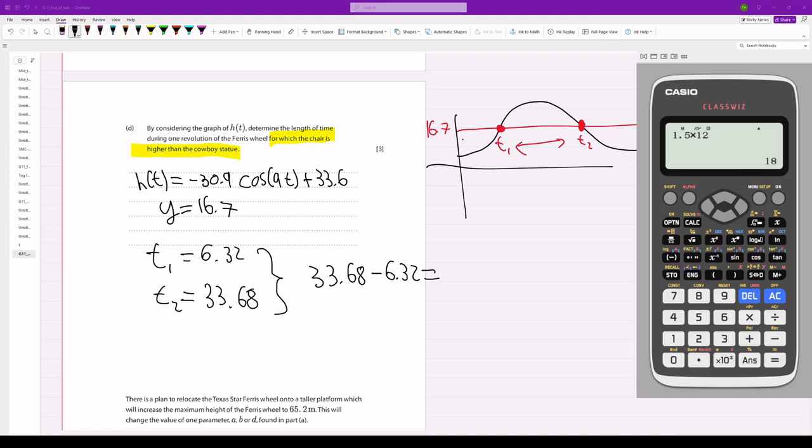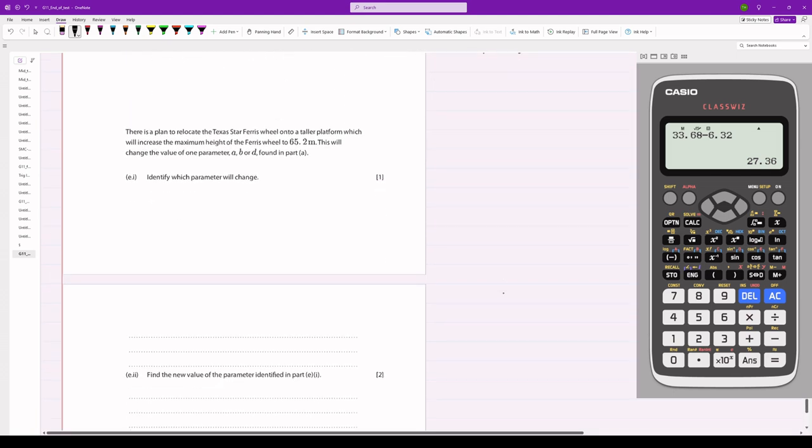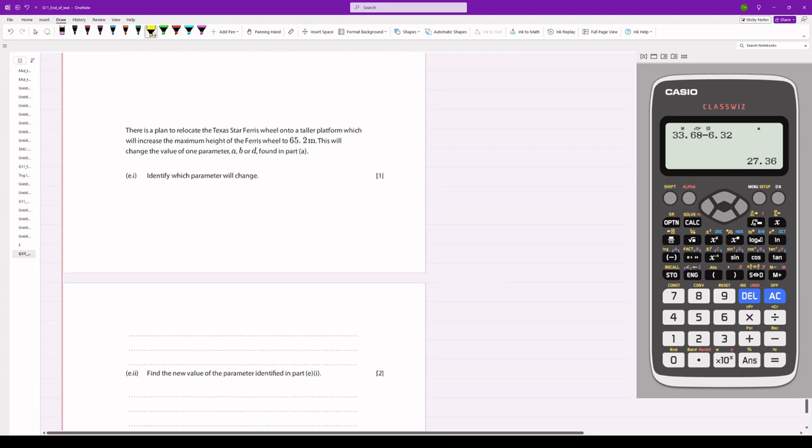Okay. 33.68 minus 6.32 gives me 27.36 seconds. There you go. The IB wants us to round to 3 significant figures at all times, so 27.4 seconds. End of. Right, let's go through the last bit nice and quickly.